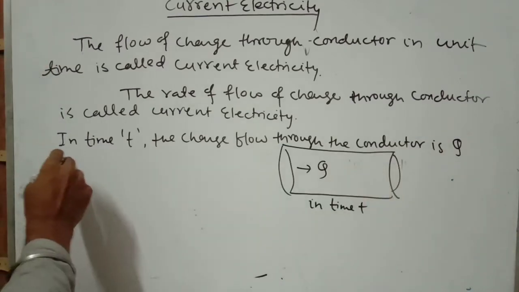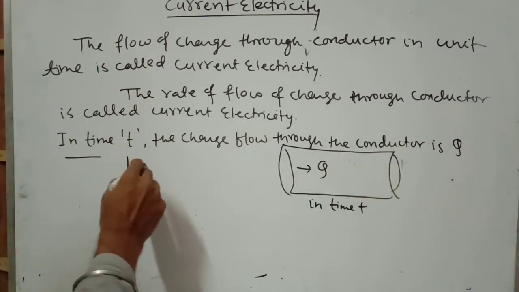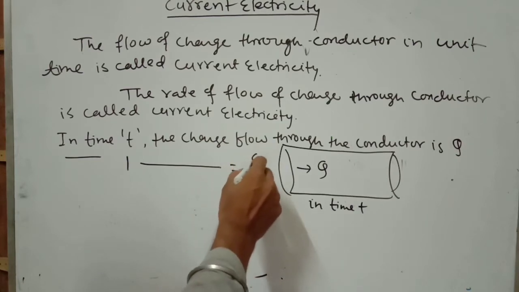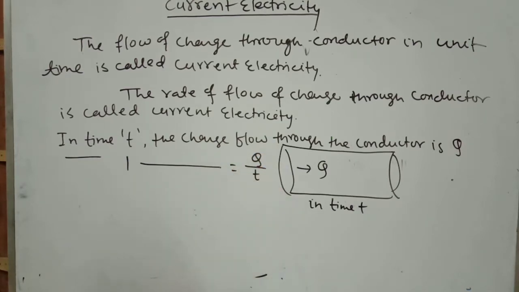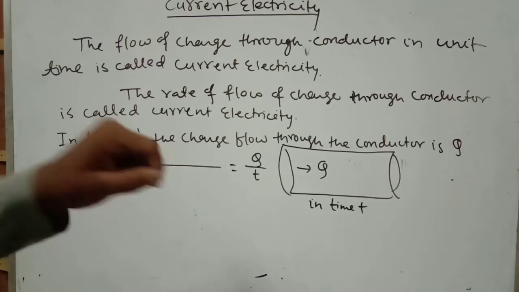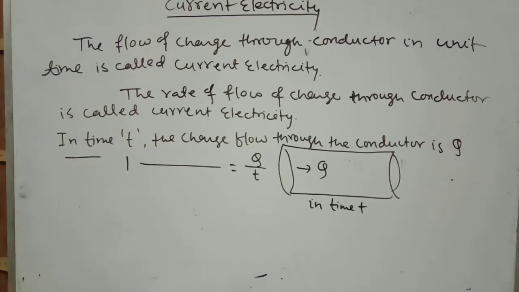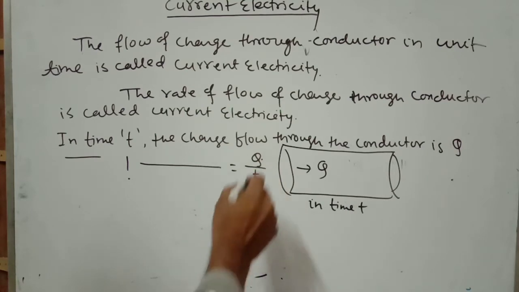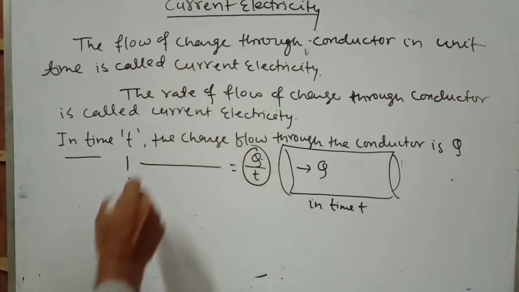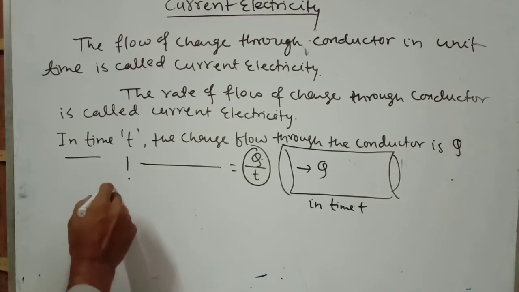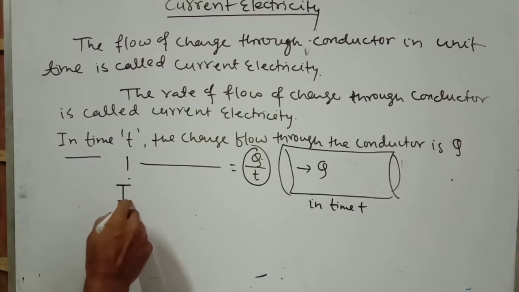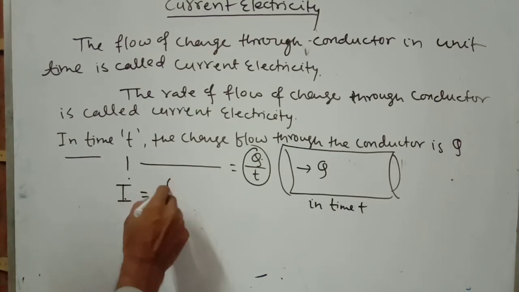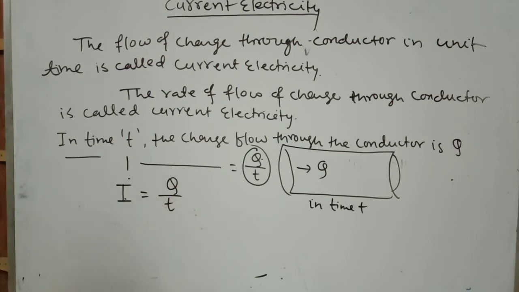According to the definition, in unit time the charge flow is q by t, and this is current electricity. The symbol of current electricity is I, so you can write I equal to q by t.